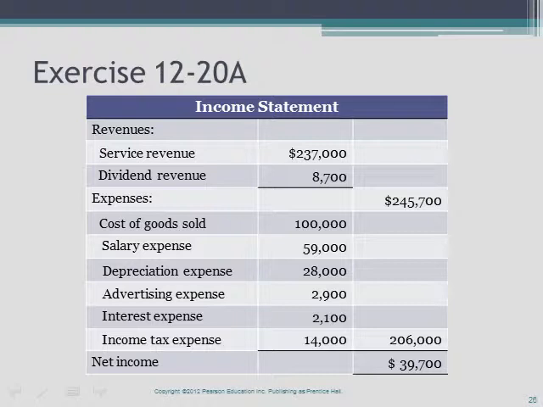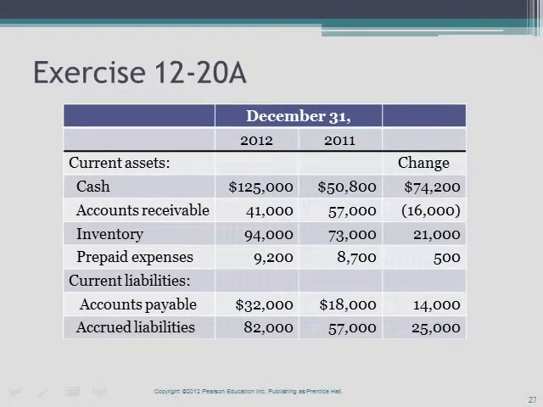We are also provided the income statement, which indicates there are service revenues, dividend revenues, and all of our expenses until we get down to a reported net income of $39,700. Balance sheet amounts are shown here.